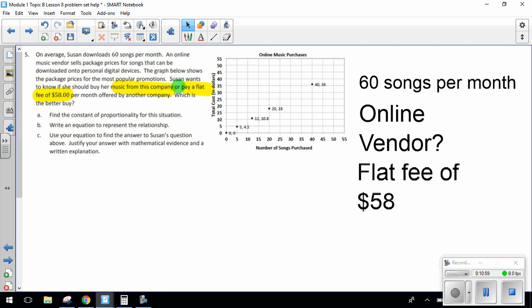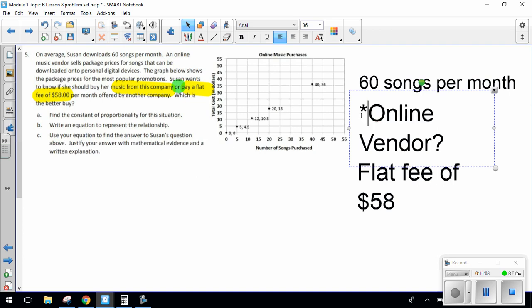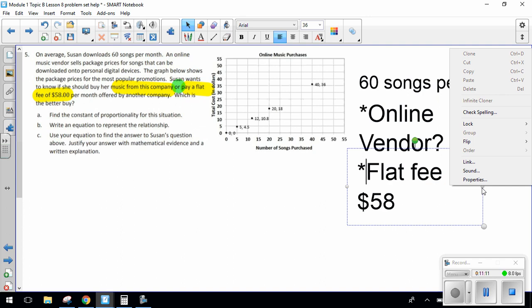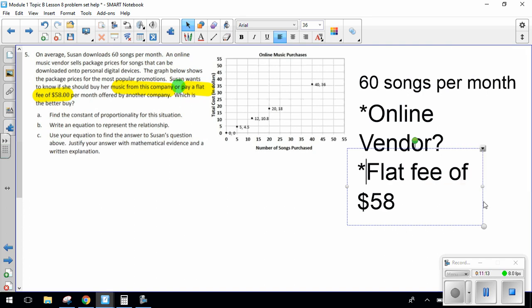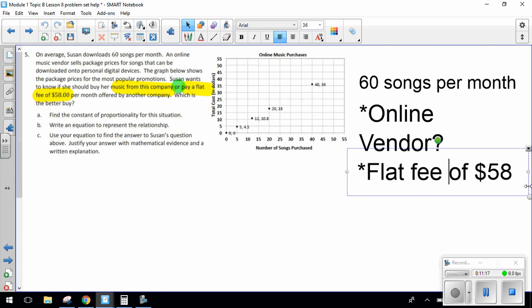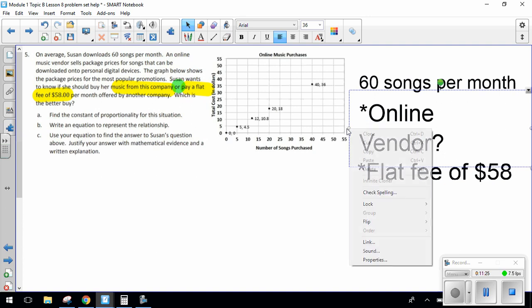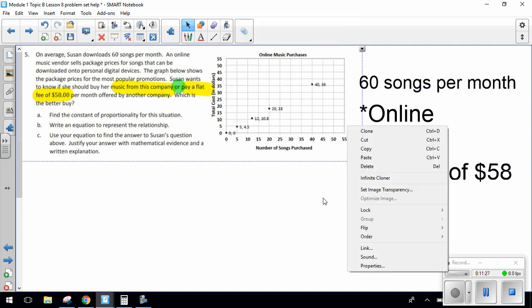Which is better? Is this a better option, or is this a better option? So most students look at this and say, oh, just pay the flat fee. But the flat fee isn't always the better deal. Sometimes it is, sometimes it isn't. So the only way to truly prove which one's better is simply crunching the numbers out. And I will show you how to do that.